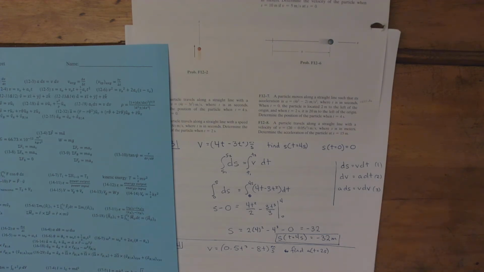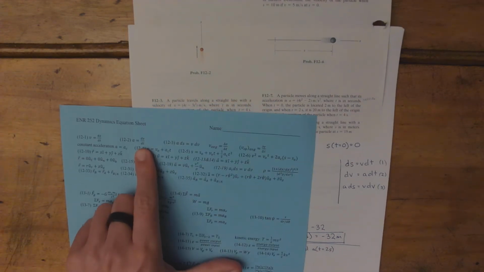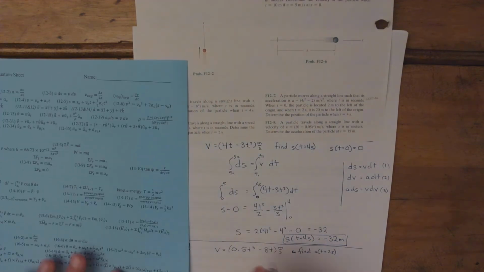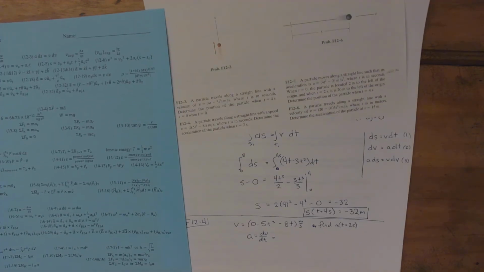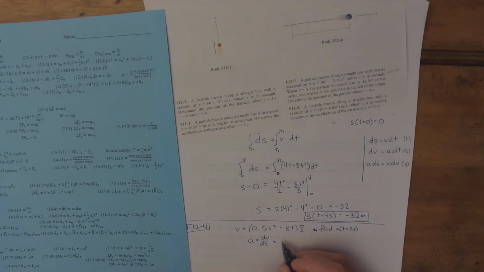Okay, so we're going to say equation 2 is what we want to use, but the way it's written here, we'd be integrating acceleration. But we already have the velocity as a function of time, so if we go back to what we have here, acceleration is the derivative of the velocity with respect to time, dv/dt. Okay, so I have my velocity as a function of time, so I'm going to go ahead and take the derivative there.